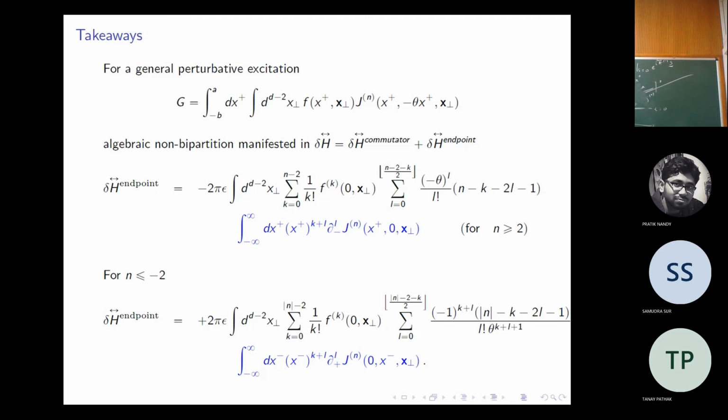It either gave you 0 if the perturbation were fully in the Weber region, or the commutator piece if the perturbation were fully in the A region. But if it straddled the endpoint, you had to be a bit careful with the contour integral, and it gave you basically this light ray moment.